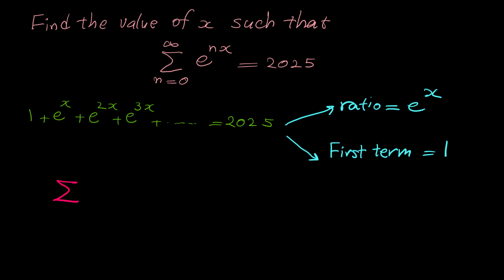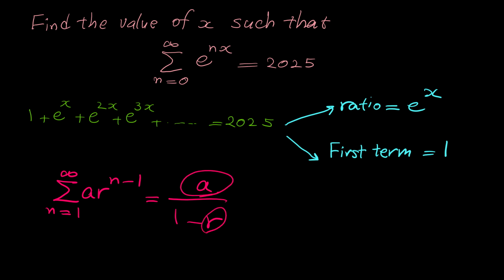Now let me remind you of the formula for the sum of a geometric series. When we have a series in the form of sigma ar to the n minus 1, n from 1 to infinity, the sum of this series, if it is convergent, is a over 1 minus r, where a is the first term and r is the ratio.